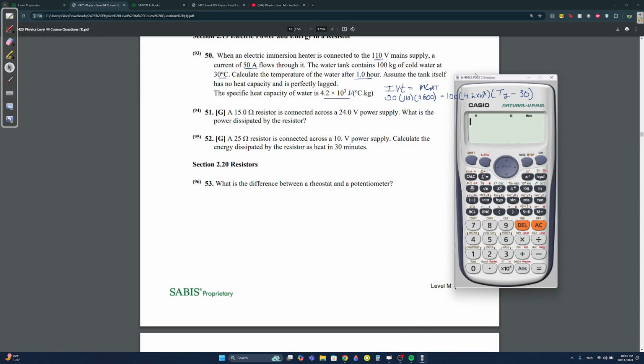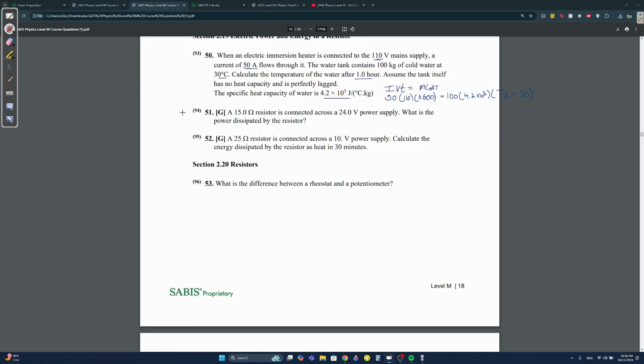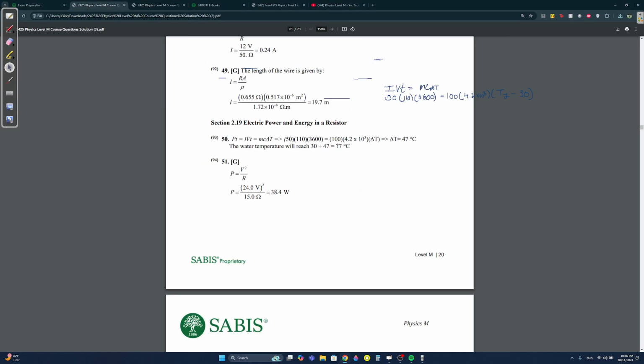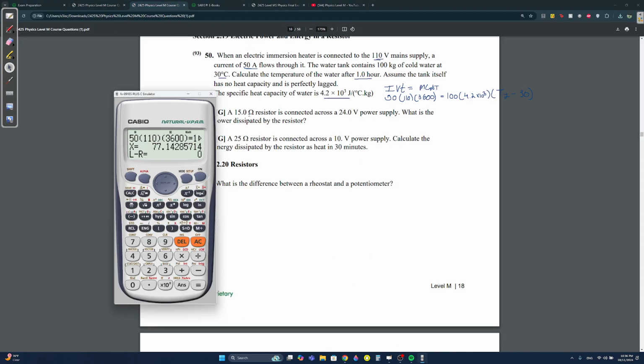Just to save myself time, I'm just going to put this into a calculator. 50 times 110 times 3600 is equal to 100 times 4.2, which is 4200, times x minus 30. And the shift solve. Okay, so we got 77, and in the course division, it's also 77. If you round it to 2SF, it's going to be 77, okay?